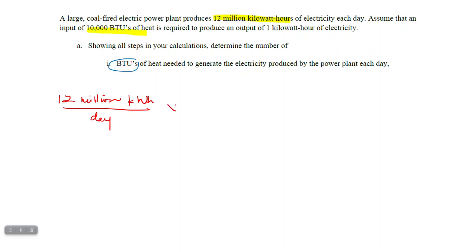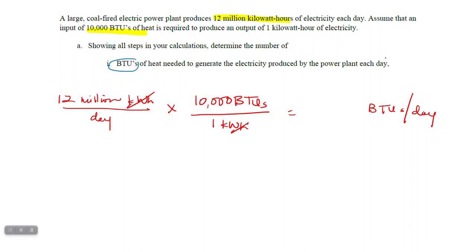My bad. All right, so that tells us that we have a conversion factor of 10,000 BTUs for every kilowatt hour of electricity. Now, if we multiplied this, that would give us BTUs per day, and that happens to be the unit that we want, BTUs of heat per day.